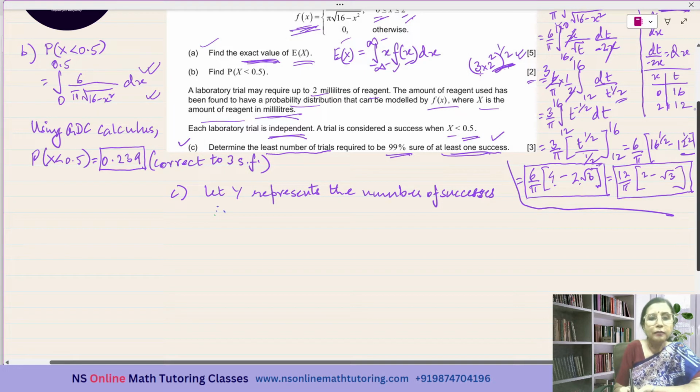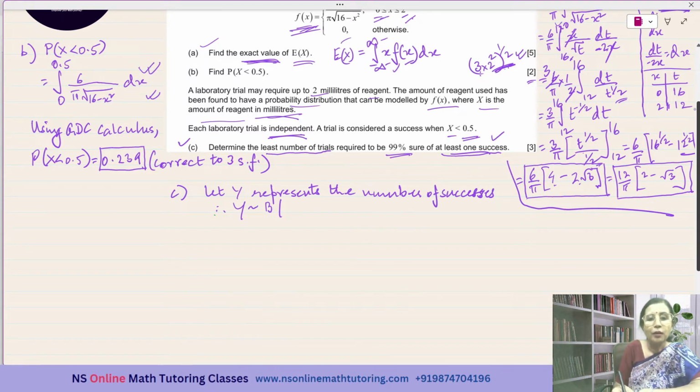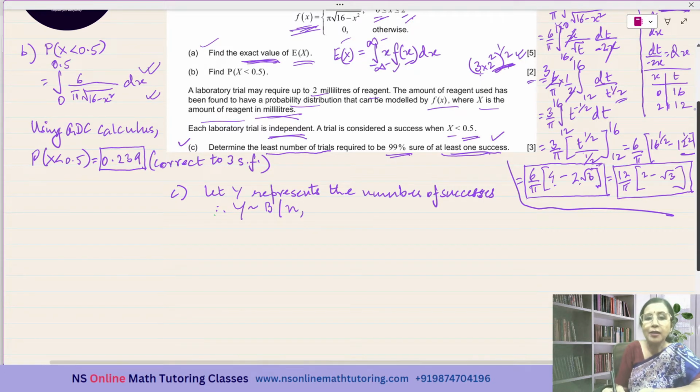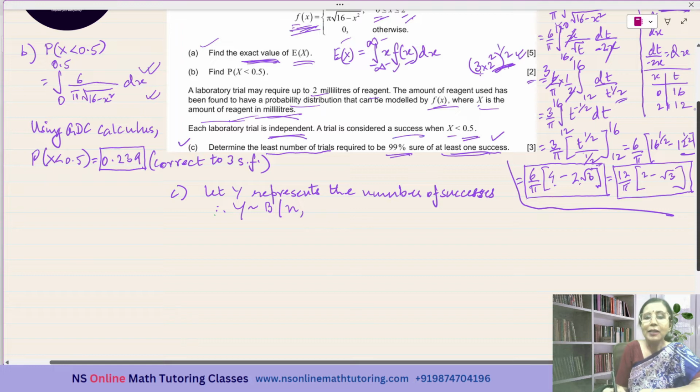Therefore, y is a binomial distribution variable. We do not know the number of trials. We have to find the least number of trials, so I'm keeping the number of trials as n. And a trial is considered a success when x is less than 0.5.